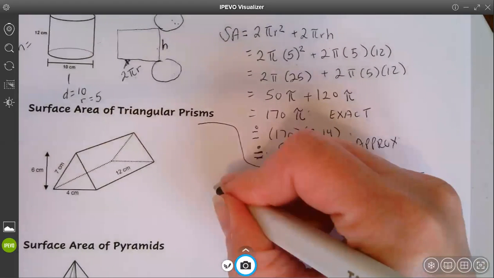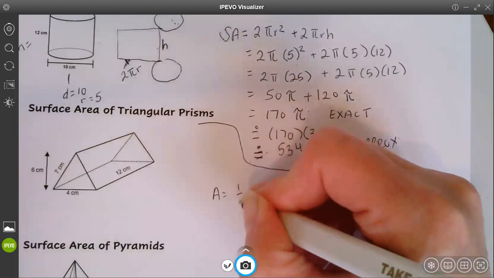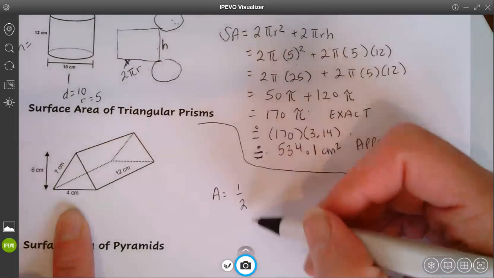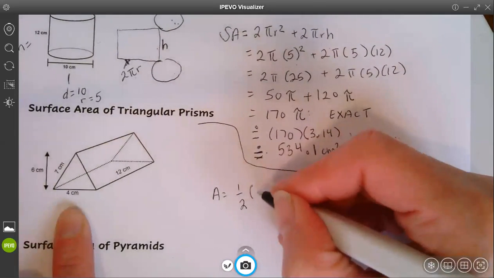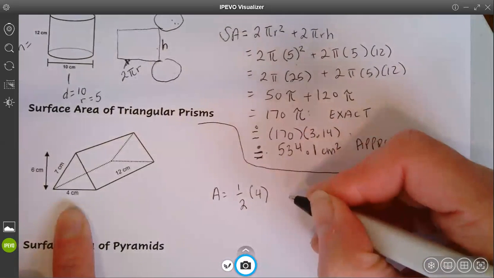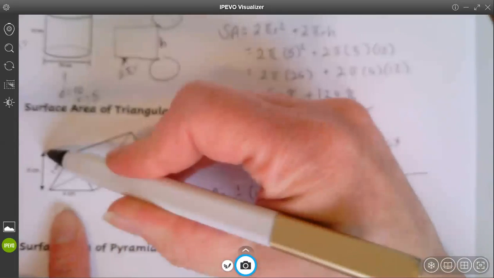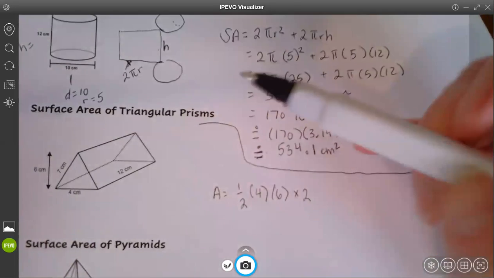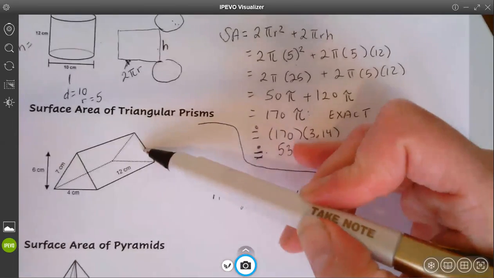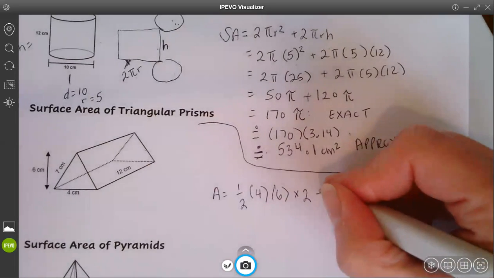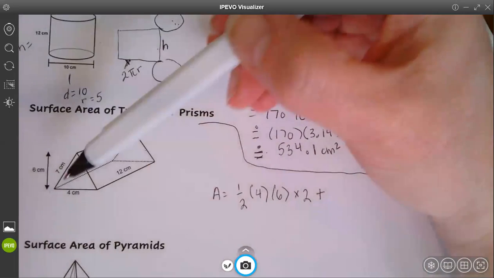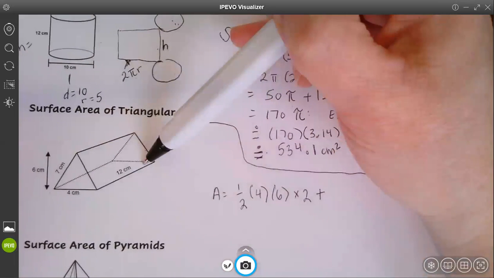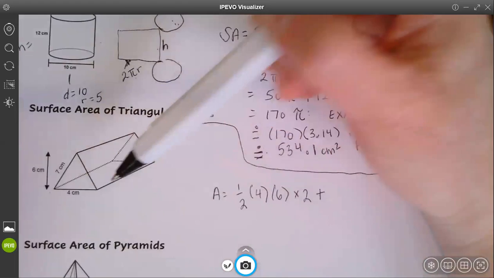So what we're going to do is start with the area of the triangle. The triangle measures 1/2 times the base, which is 4, times the height, which is indicated here with the 6. And we're going to multiply that by 2 because the front and the back are identical. Then let's deal with the base. The base of our tent or our prism is a rectangle that measures 4 by 12.